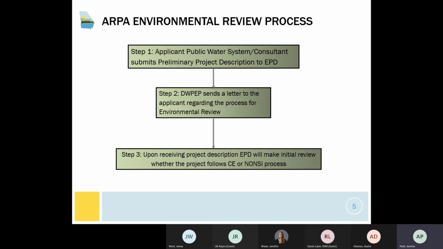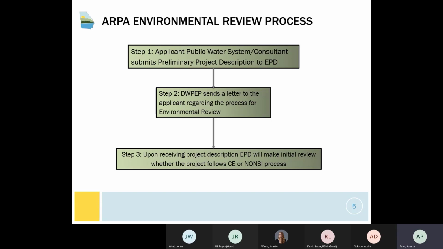Once EPD receives the project description, it will be assigned to one of the engineers within the drinking water permitting and engineering unit. And the engineers will send the applicant an initial letter acknowledging that the project has been received and we are working on it, and listing all the documents that are required in order for EPD to issue a CE or a non-CE.